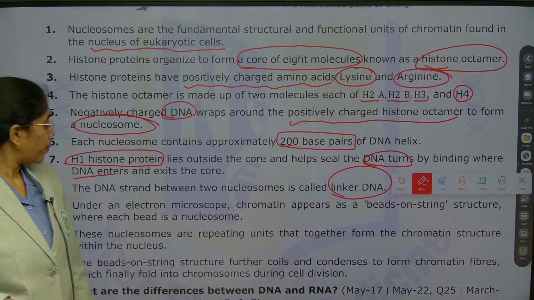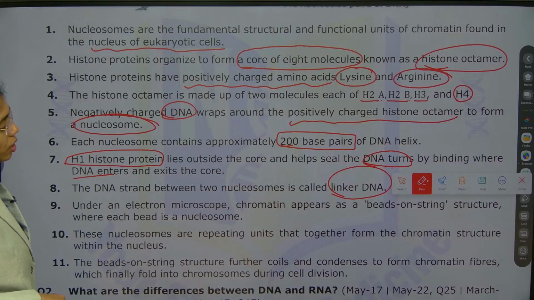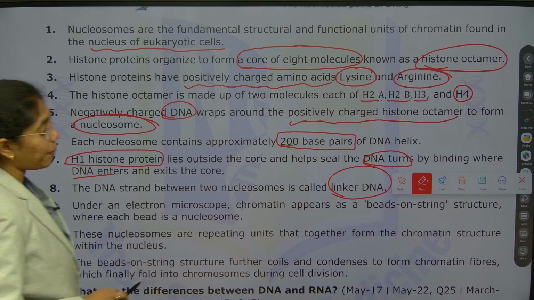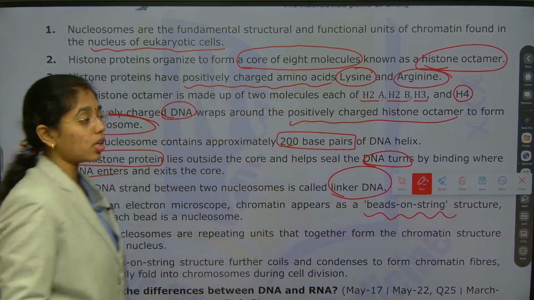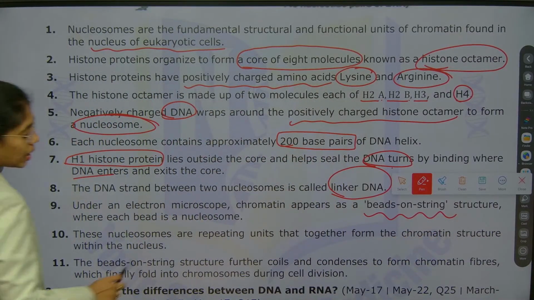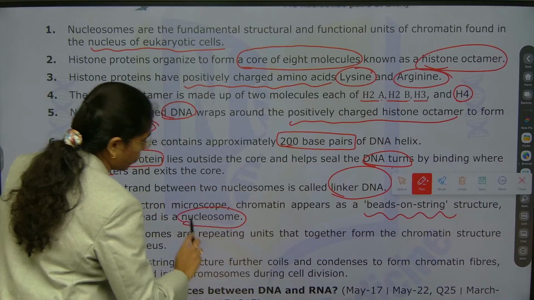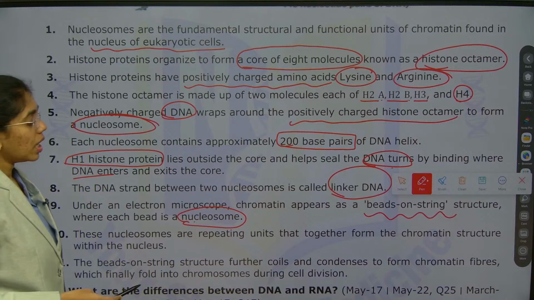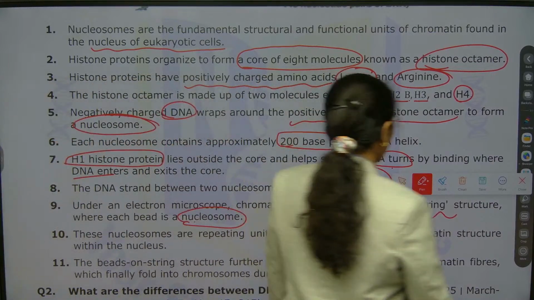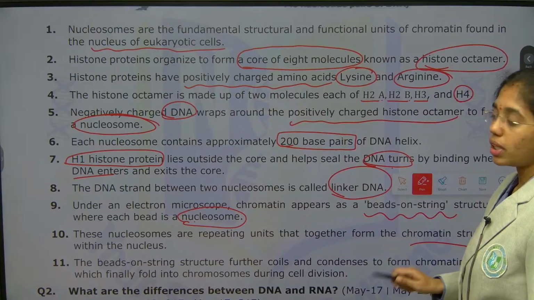Next, under an electron microscope, chromatin appears as a beads on string arrangement, where each bead is a nucleosome. These nucleosomes are repeating units that together form a chromatin structure within the nucleus.